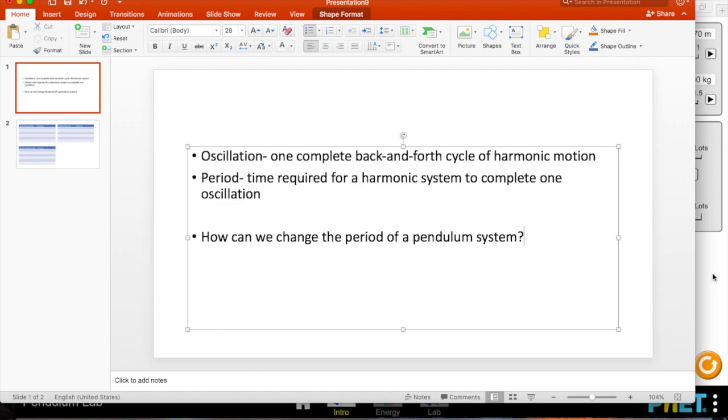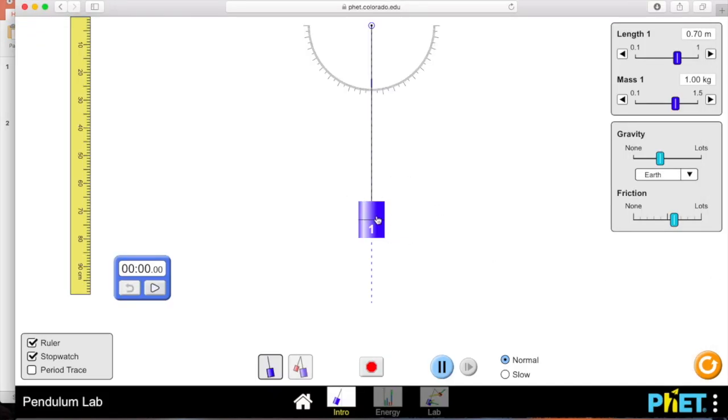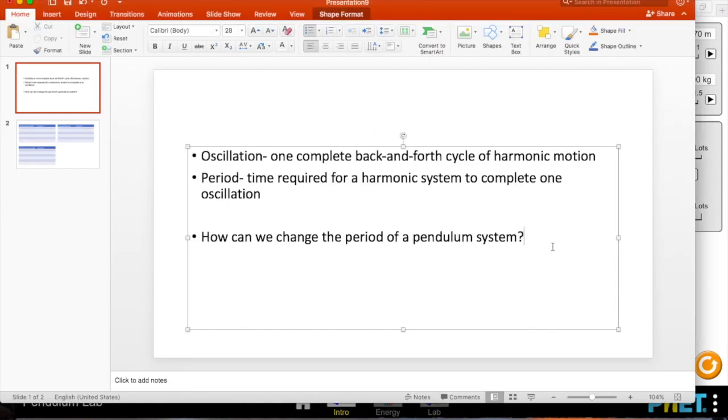And from our previous observations, we recognize that we can change a lot of things about this. We could change the mass, we could change the length of the string, the angle of release. If we could go to different planets, we could change the amount of gravity, the gravitational field strength that this pendulum is subjected to. We're not going to do that. So, from this question, we can form a hypothesis, an educated guess, a predicted relationship.